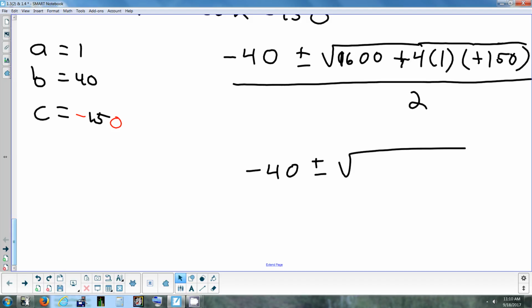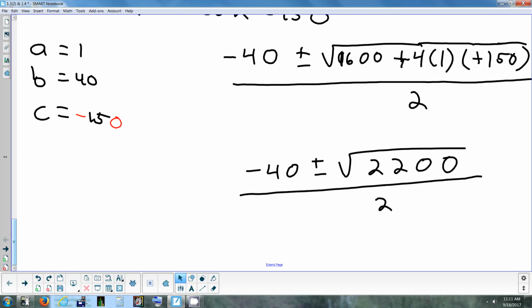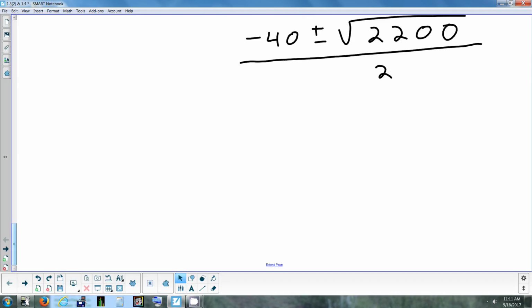What's 4 times 150? 600 plus 1600. Question, where'd you get the 1600? B squared, 40 squared. So b squared minus 4ac. But then I canceled the minus because it was minus a minus. Okay, now we're just going to type that in, see what we got.